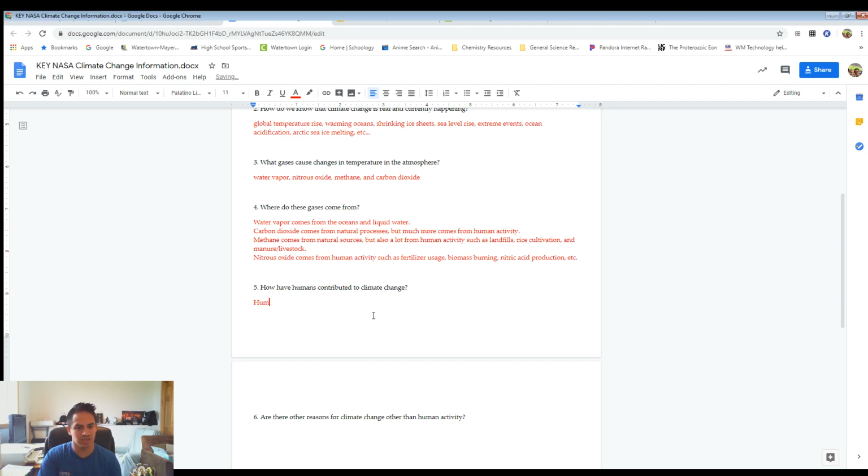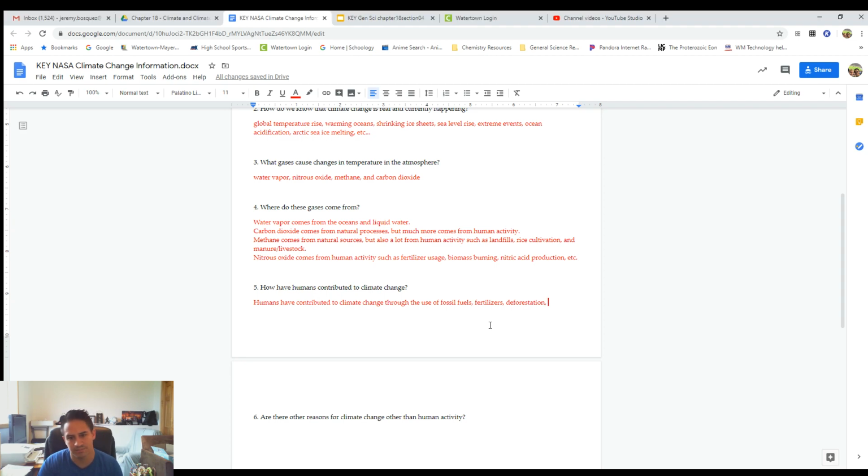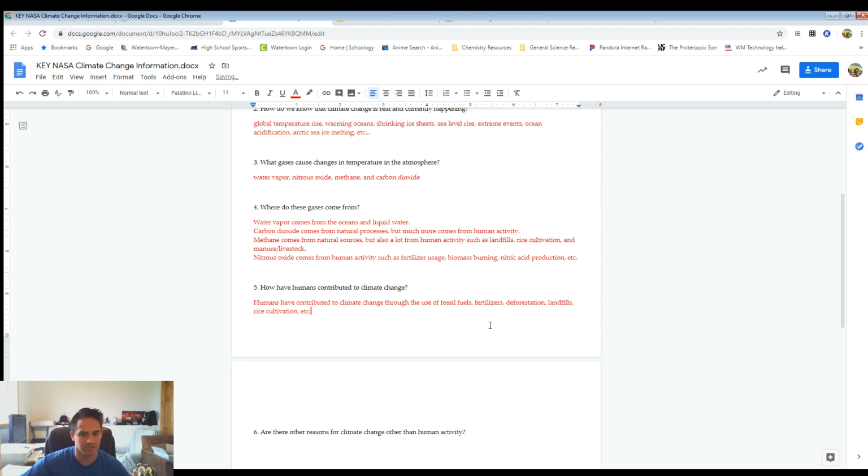So I'm going to say humans have contributed to climate change through the use of fossil fuels, fertilizers, deforestation was one they mentioned because carbon dioxide is from deforestation, landfills, rice cultivation, etc. The list goes on, right? Basically all this stuff from up here.